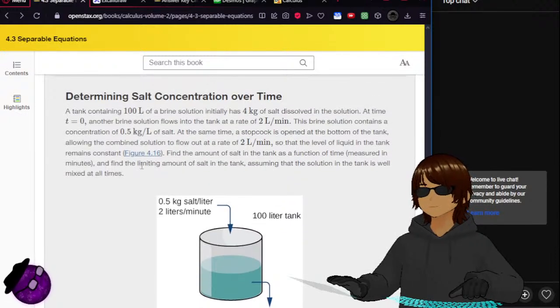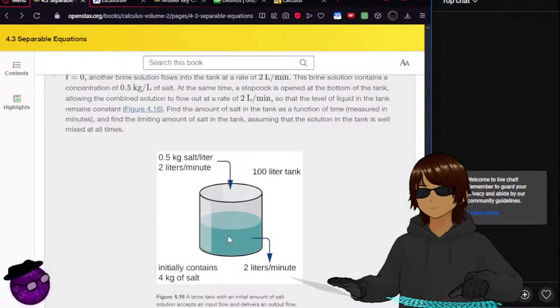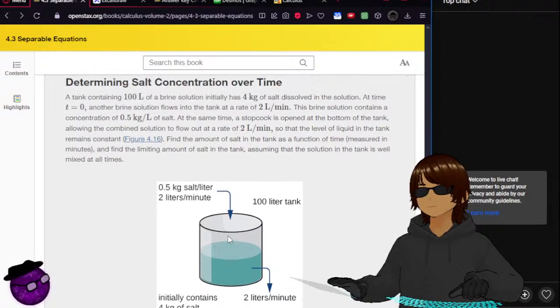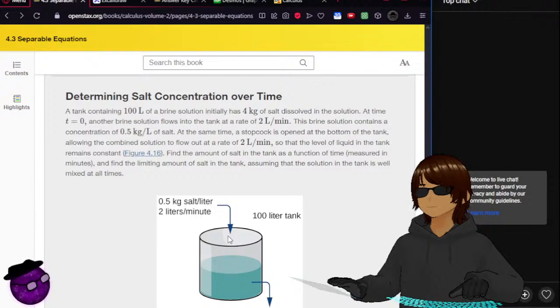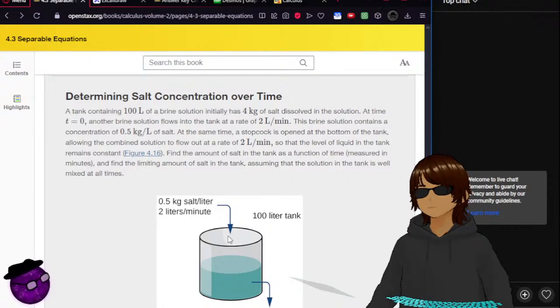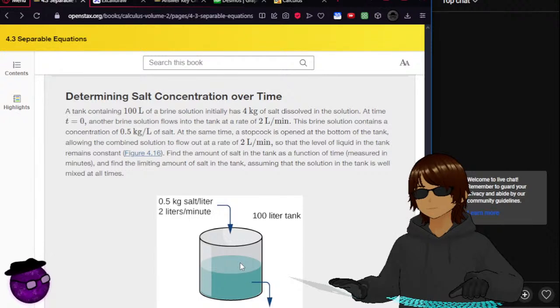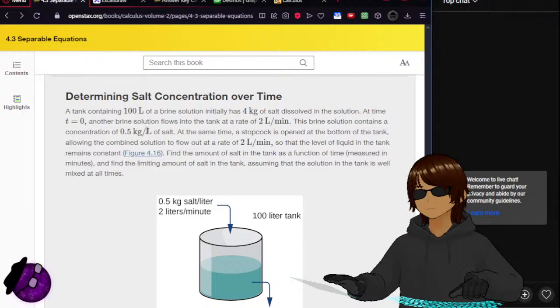So, 100 liters of brine initially has 4 kg of salt dissolved in the solution. At t is equal to 0, another brine flows in. This is 2 liters per minute, 0.5 kg of salt.